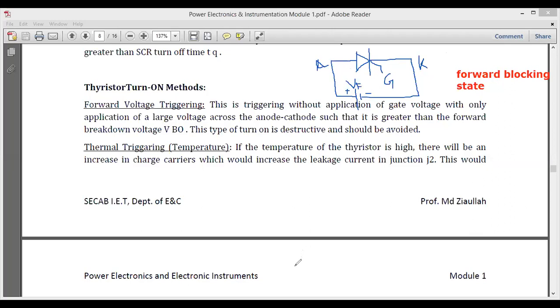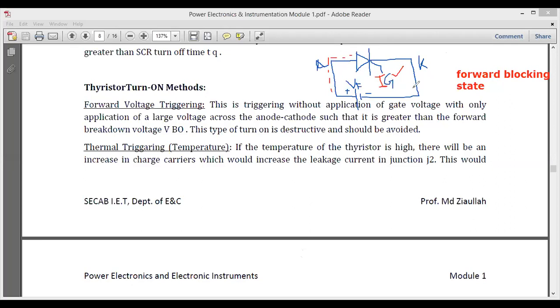Once I start applying the voltage, the current will be at the anode part, but it will not be allowed to flow from anode to cathode until there is a sufficient gate voltage, or sufficient gate current.